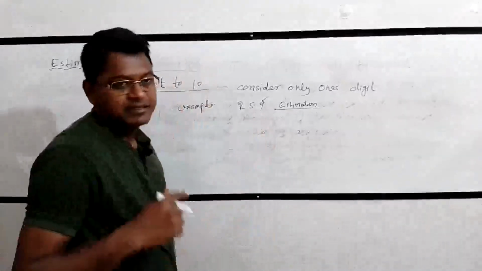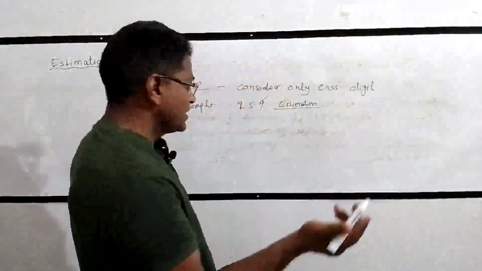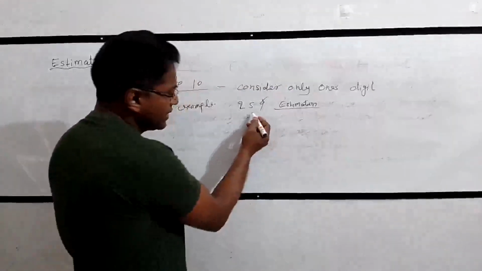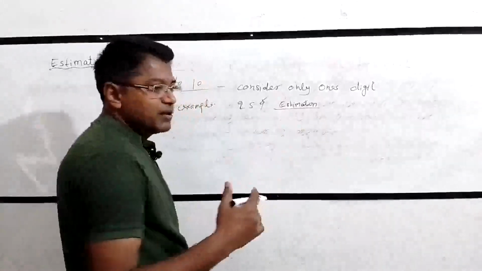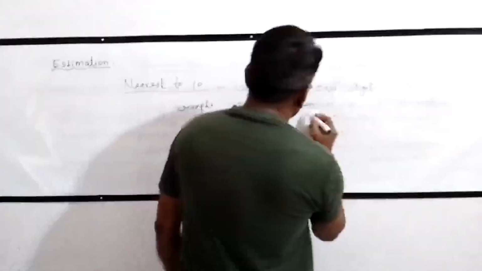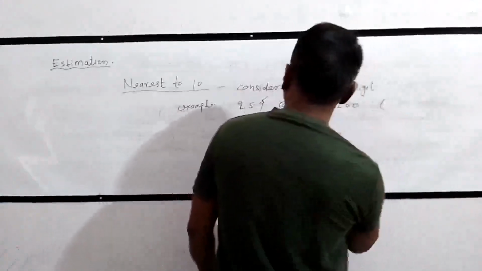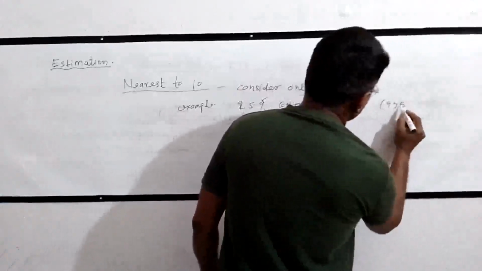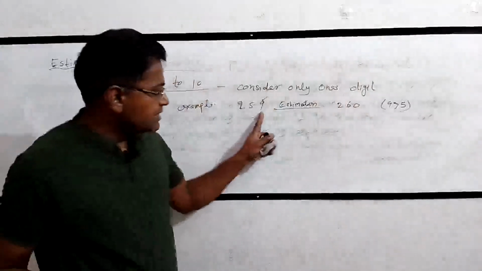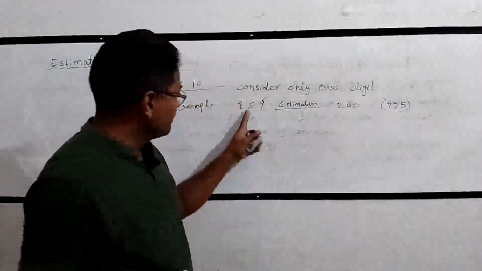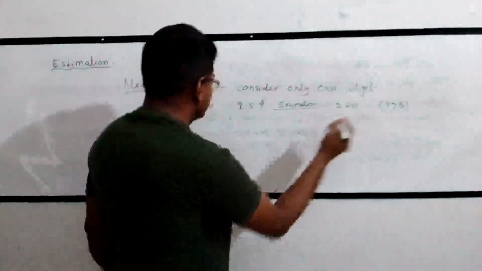If 9 is equal to or greater than 5, then the next round figure will be 260, because 9 is greater than 5. So it will be 260.